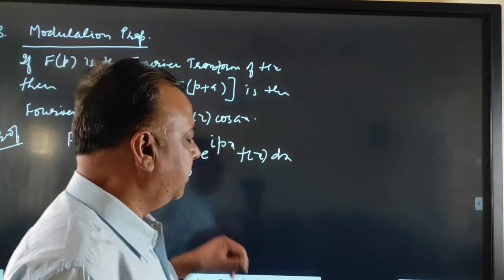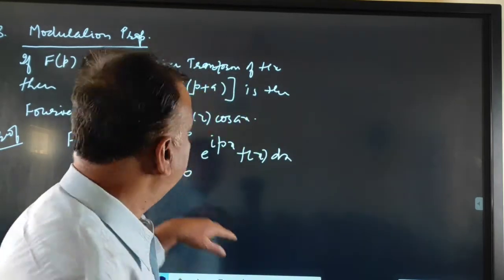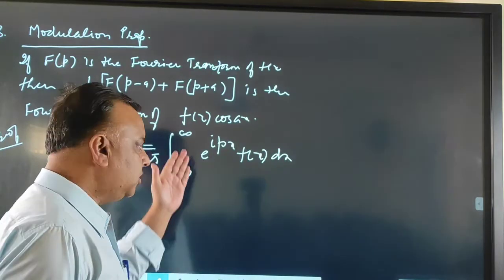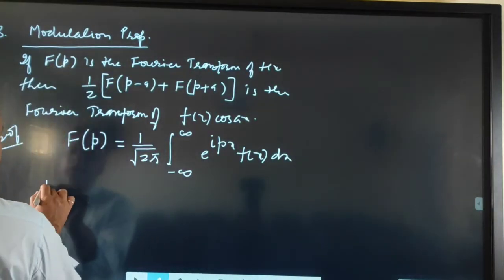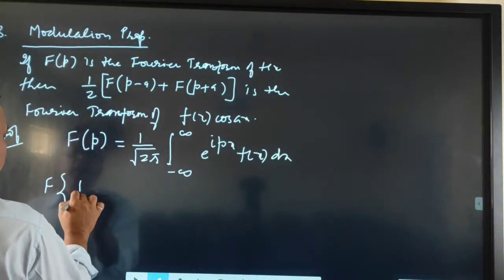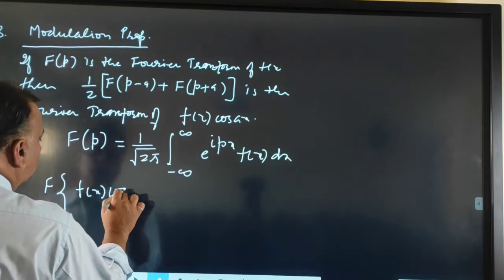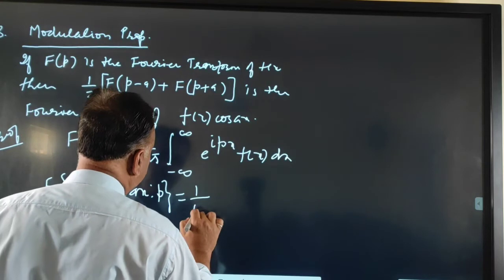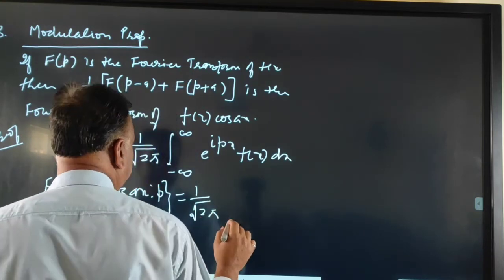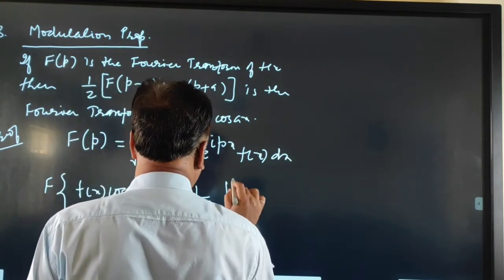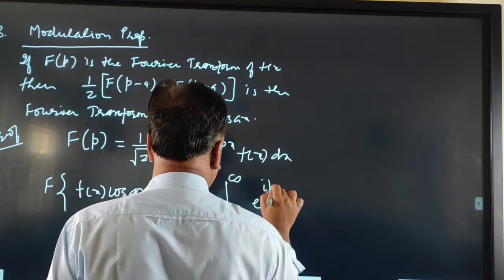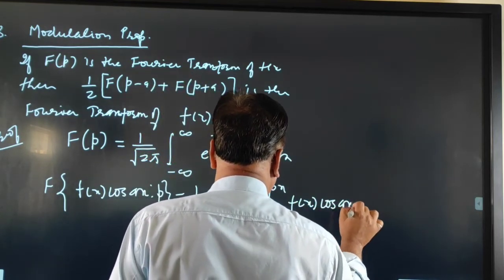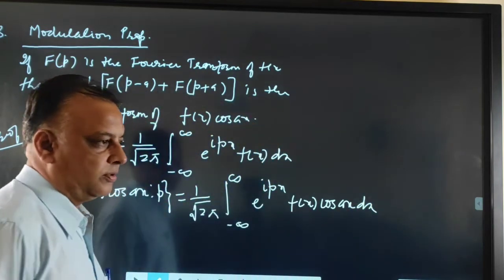Now if we have to find the Fourier transformation of f(x) cos ax with respect to p, by definition this is equal to 1 upon root 2 pi integral from minus infinity to infinity e raised to iota px f(x) cos ax dx.